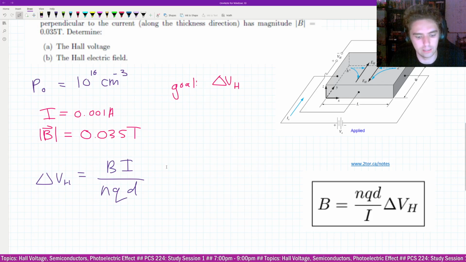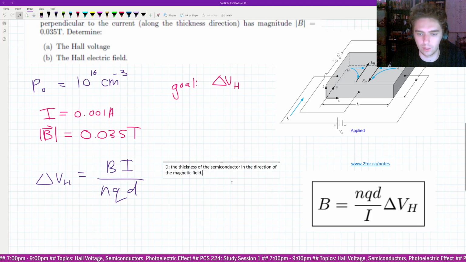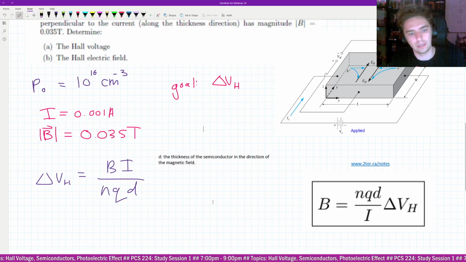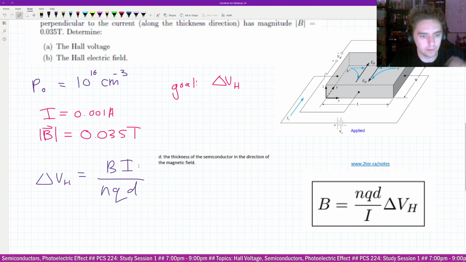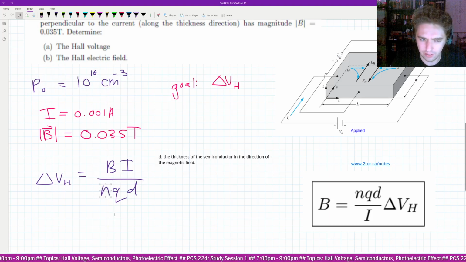Okay, so I'm going to write that here. D is the thickness of the semiconductor in the direction of the magnetic field. Lowercase d. But will I correct it? No. Okay, and then I is current, B is magnetic field, N is the concentration of the charge carriers.